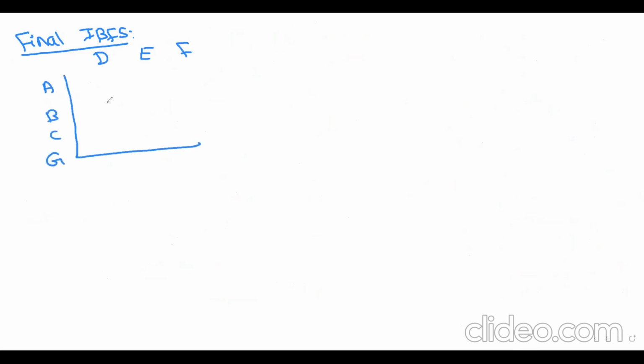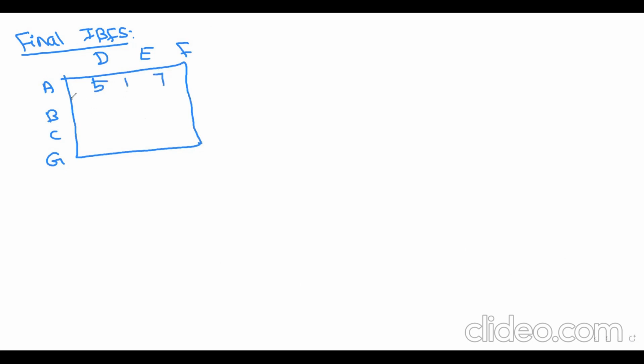VAM is over. Now we'll give the final table for the initial basic feasible solution. Here we have D, E, F. Here I have A, B, C, and G. In the first row I have 5, 1, 7.